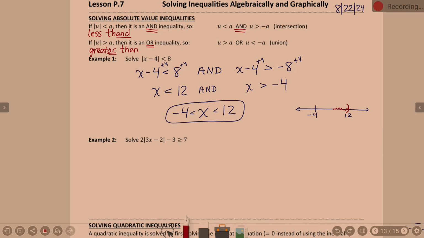If it's x greater than -4, to the right of -4, and a parenthesis. Remember, and is where do the graphs overlap? So the graphs are going to overlap in between. It's called an intersection there. If you need that visual, there's your help.